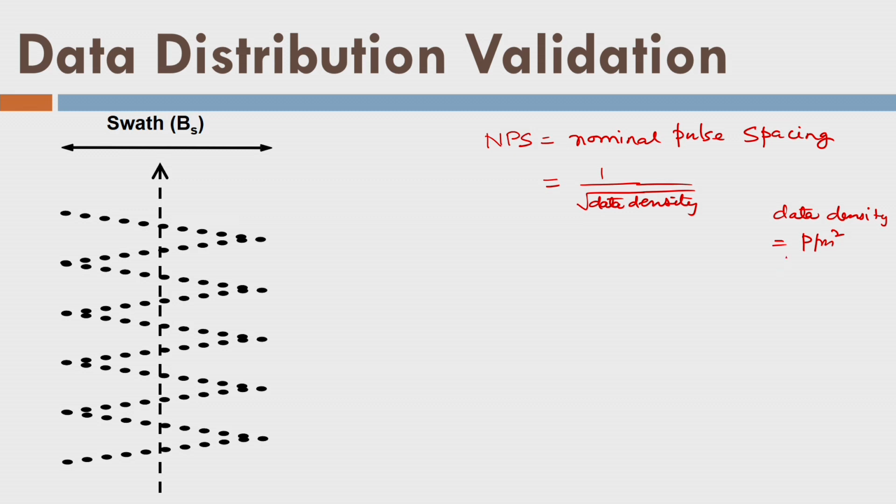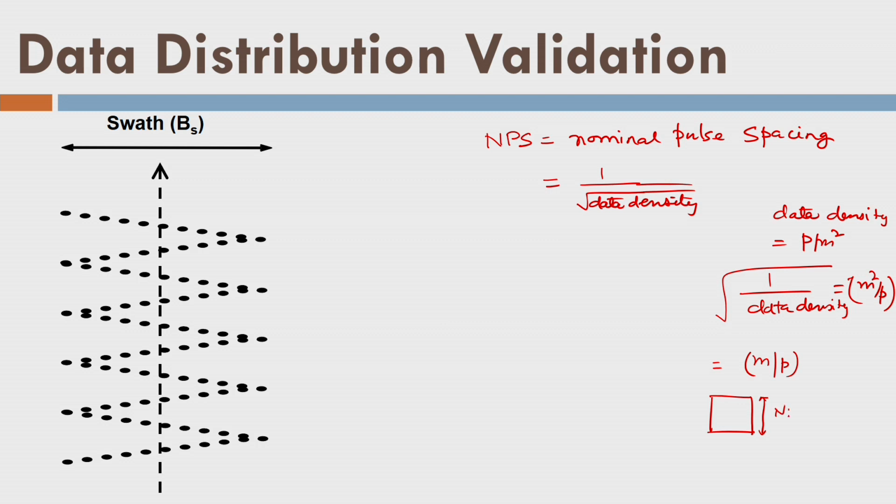If I invert the data density, I will get the area per point. Now if I take the root, I will get the size of the area, that is meter per point. That means I'll get some area like this, and I call this dimension NPS.